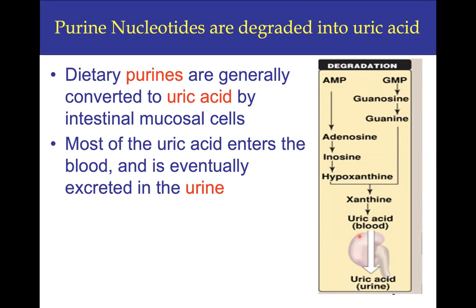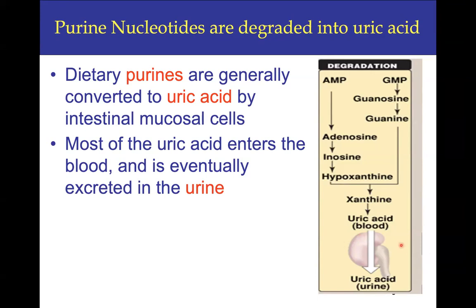This is important to know. It applies to literally anything. If you have a tumor that's undergoing degradation, that's going to produce uric acid. If red blood cells are being destroyed, like in hemolytic anemia, you'll also have an increase in uric acid. Anything and everything that causes an increase in degradation produces more uric acid.